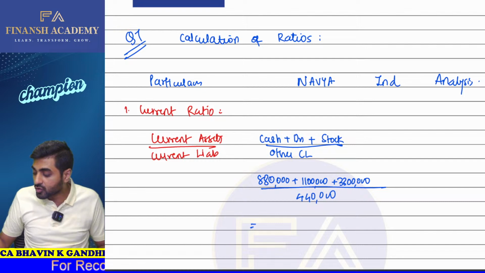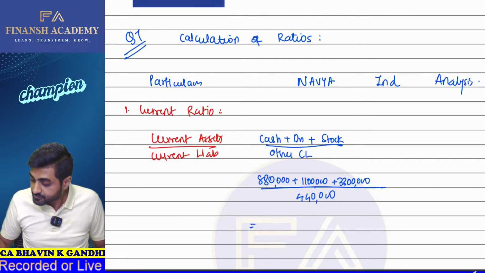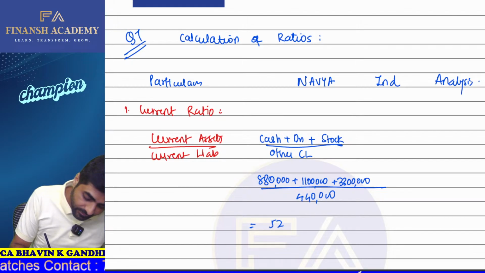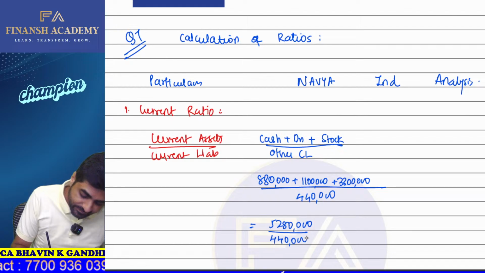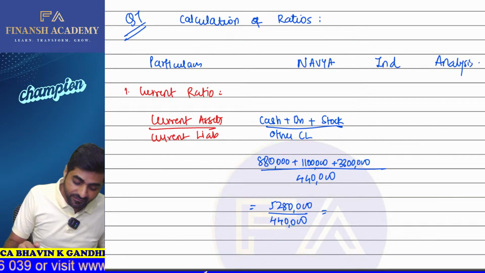So what is your total of current assets? 52 lakh 80, which we divide by 4 lakh 40. So this will be 12.